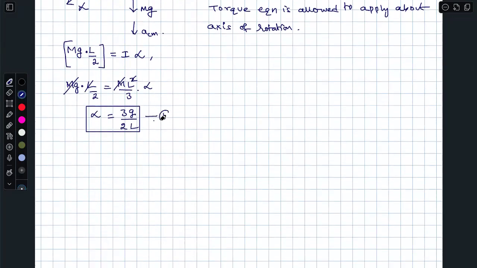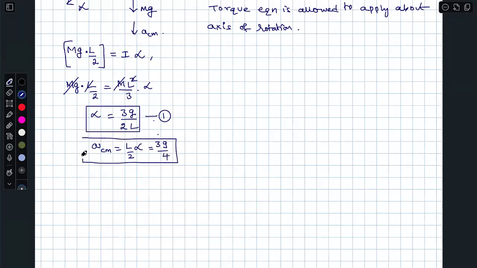And let this be equation 1. This will become 3g by 4.